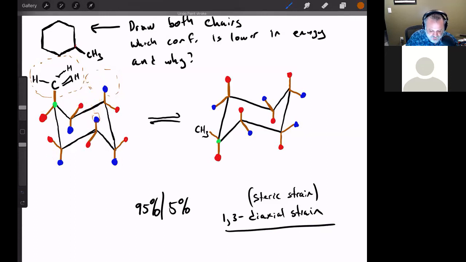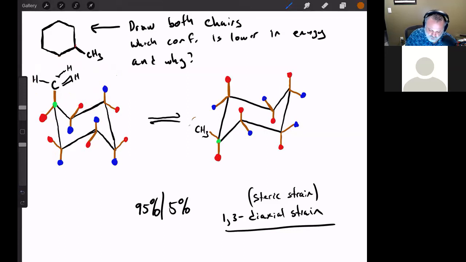When the group is in the equatorial position, the atom sticks out off to the side. And so I'm going to bring back this molecule. So here's the equatorial bond. It's sticking out, and it's not able to interfere as much with the other groups.